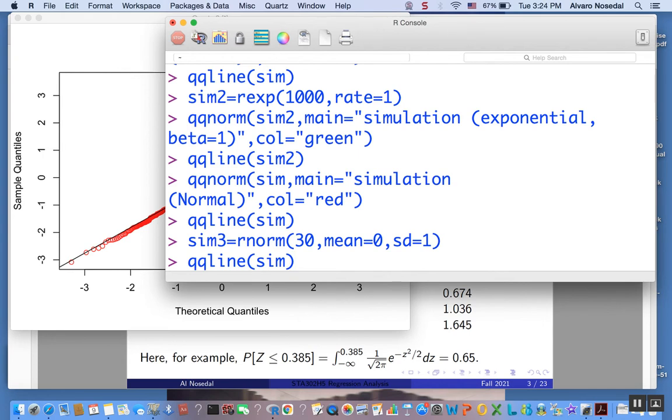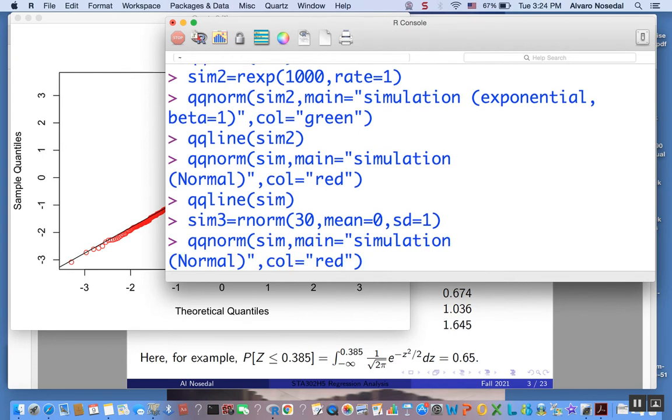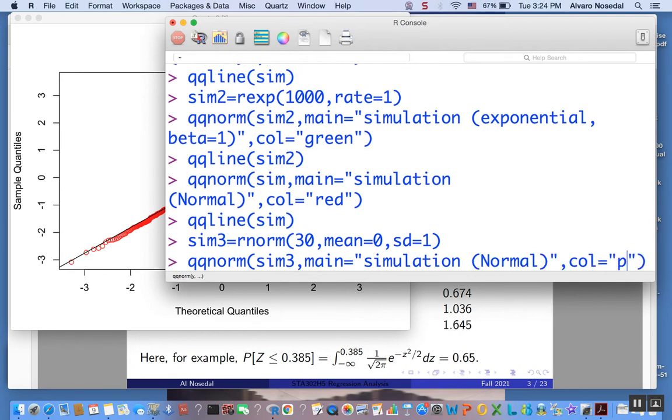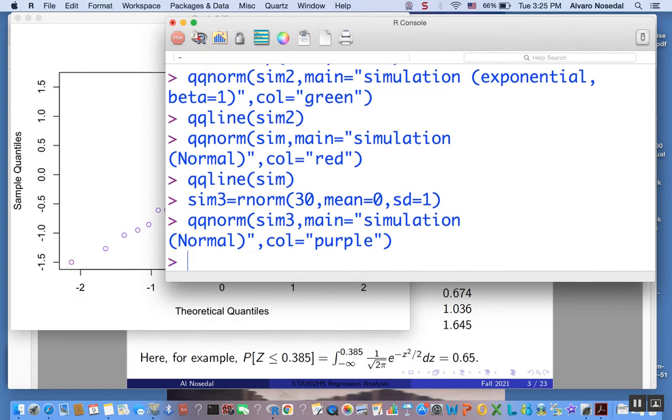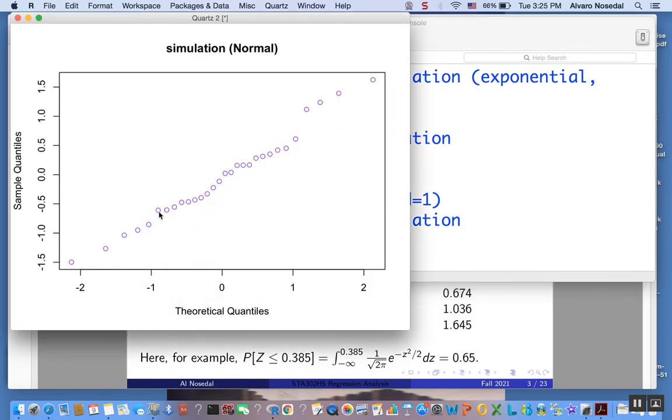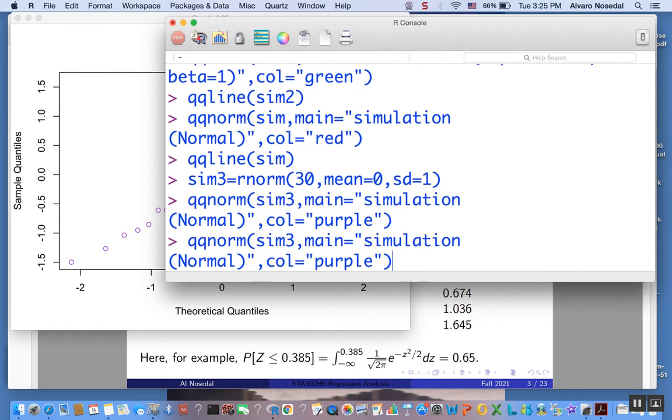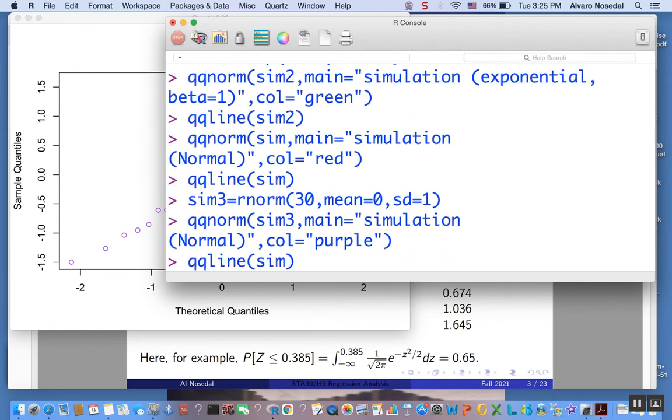Now let's make that normal QQ plot. Let me use a different color. How about purple? Let me add that QQ line.